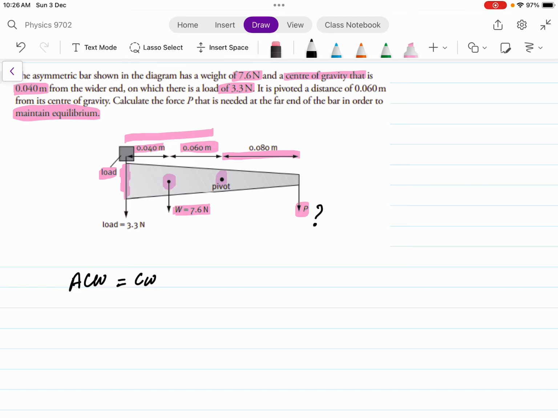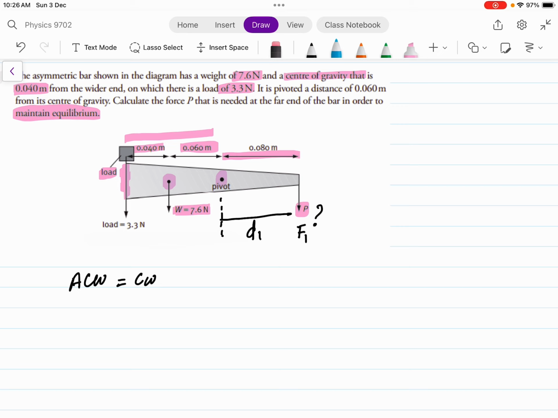Before I move on to write this equation, I first of all need to identify forces. I'll just label them. Let's say this is force P which is acting. I'll call this F1, and its distance from the pivot, I'll call D1 to make my work easier.